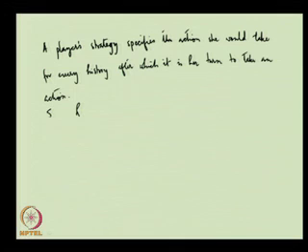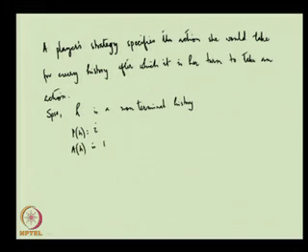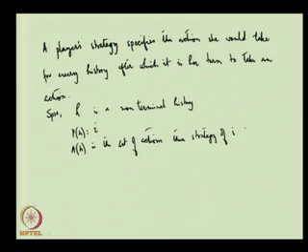So, suppose H is a non-terminal history and suppose P(H) is equal to I, and suppose A(H) is the set of actions after history H has happened, then strategy of I should include an element from A(H).